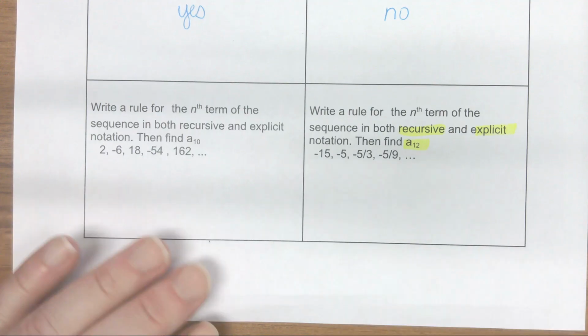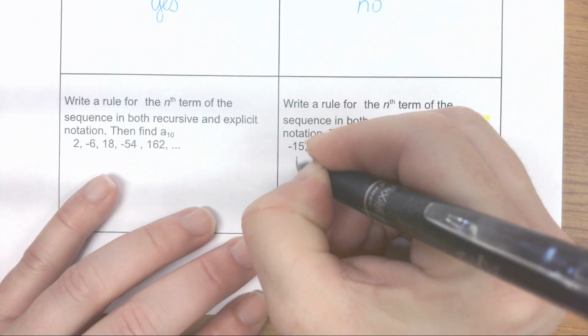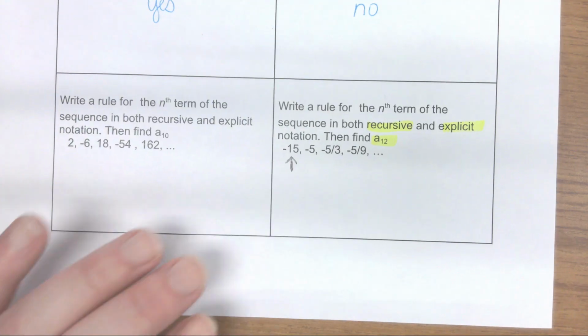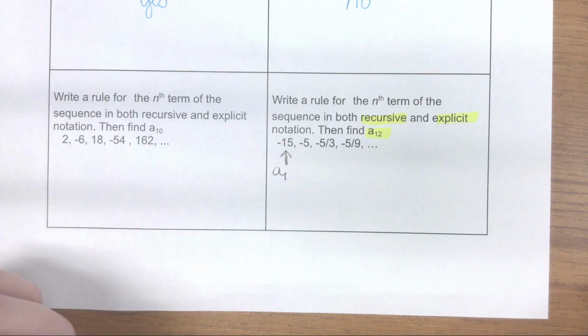All right, so the very first thing I notice is that the first term is -15, which I'm definitely going to need. That's my a sub 1. The next thing I need you to figure out for me, guys, is what is the multiplier in this situation?